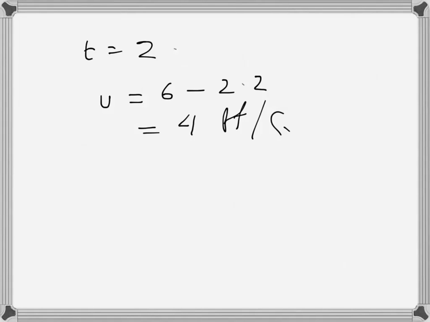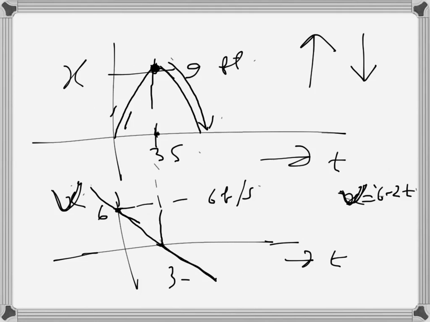So we try to find, when t is equal to 2, which direction the ice block is moving and which direction it is accelerating. When we ask which direction it's moving, we can see v is equal to 6 minus 2 into 2, so that is 4 feet per second, and it's still going upwards, as we can see.